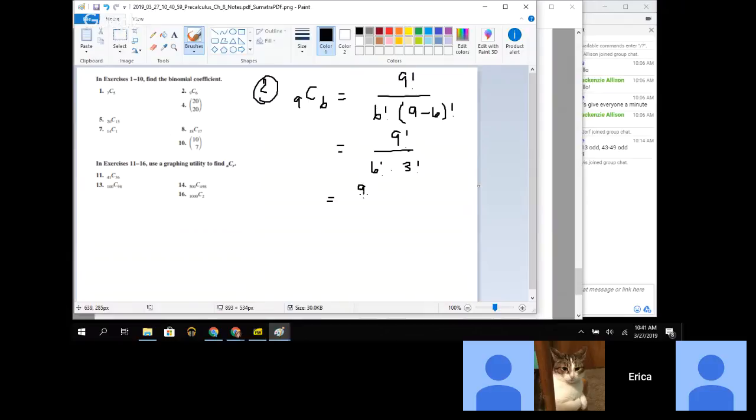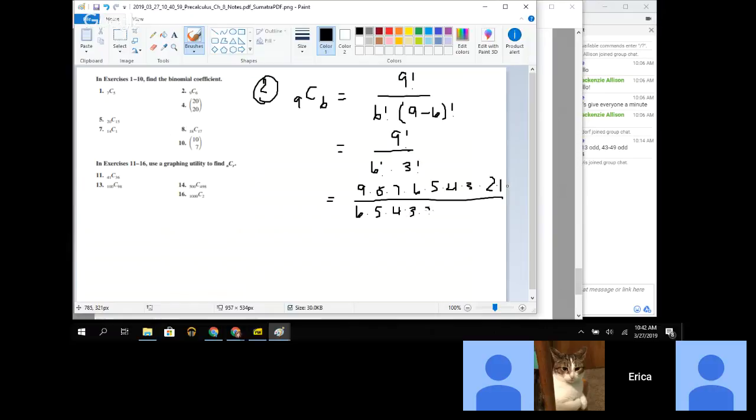So 9 factorial is 9 times 8 times 7 times 6 times 5 times 4 times 3 times 2 times 1, over 6 times 5 times 4 times 3 times 2 times 1 times 3 times 2 times 1.